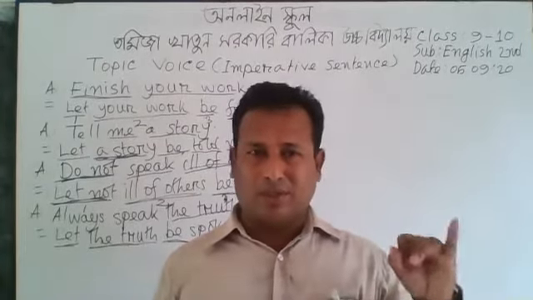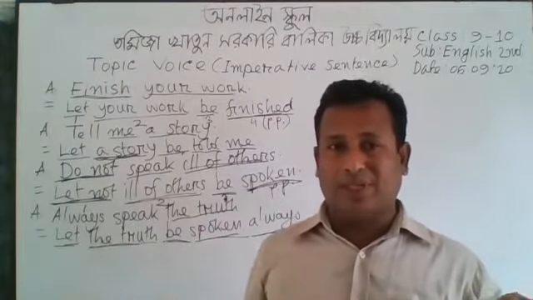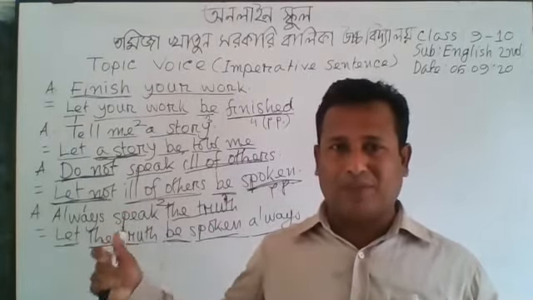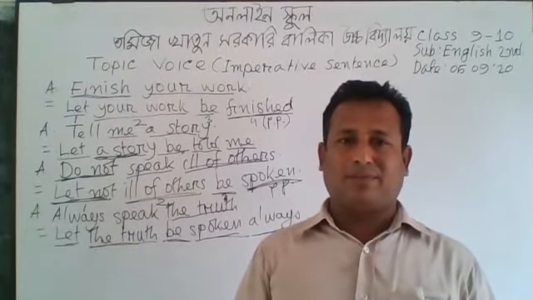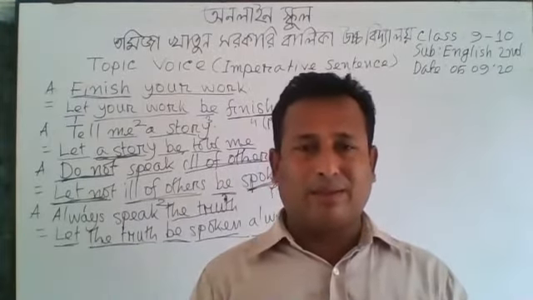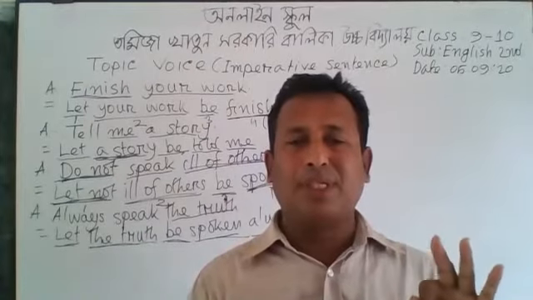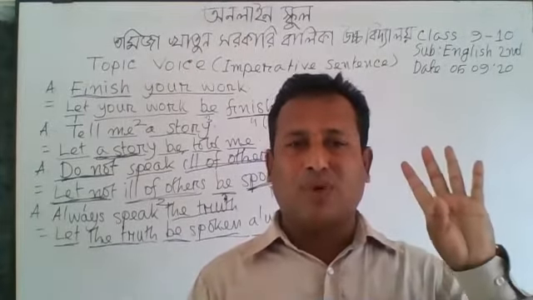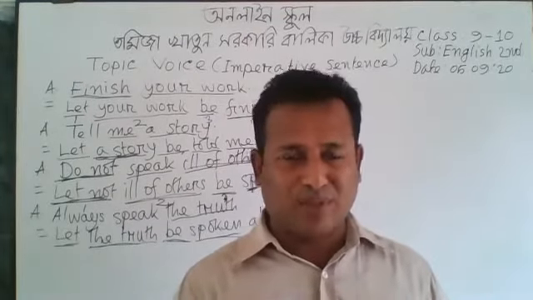So let or let not. And then the object of the imperative active voice will be the subject. In the third place, be. In the fourth or last place is PP, past participle form.